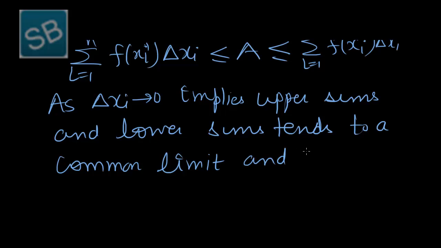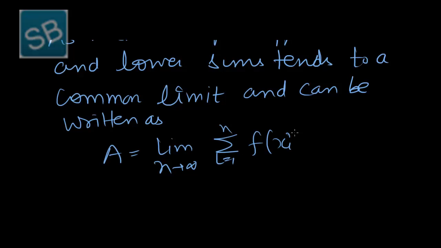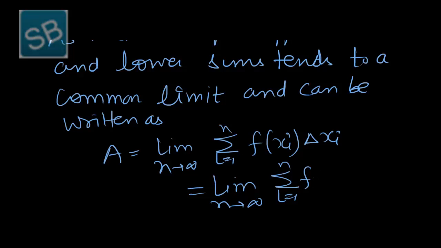And it can be written as A is equal to limit n tends to infinity sigma i=1 to n f of xi dash delta xi, which is also equal to limit n tends to infinity sigma i=1 to n f of xi double dash delta xi.